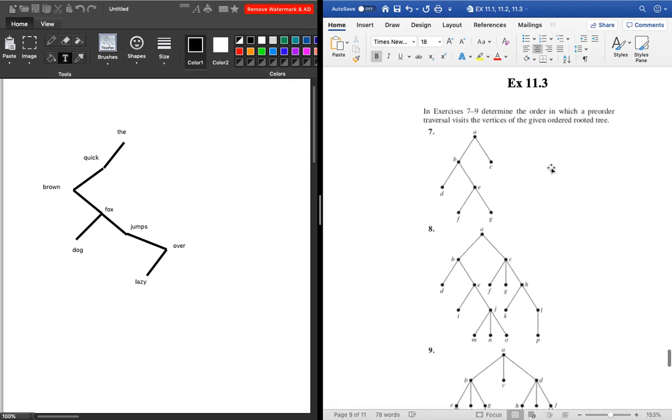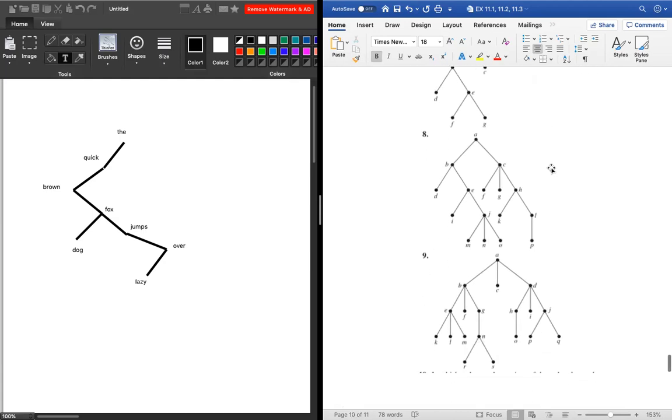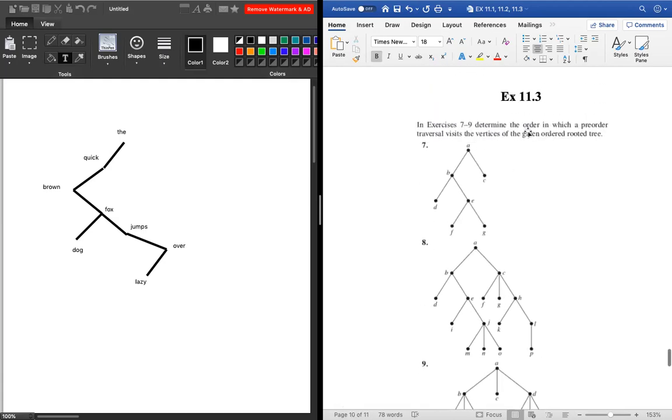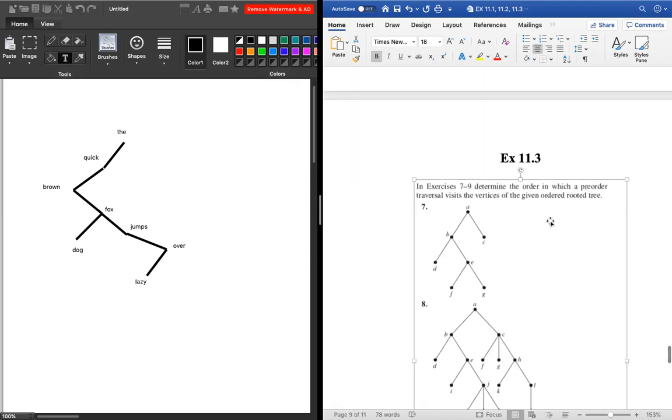In 11.3, what we have to do is determine the order in which a pre-order traversal visits the vertices of the given ordered rooted tree. We have to basically do a pre-order traversal. In the pre-order traversal, we visit the root, and then we visit the left, and then we visit the right child.